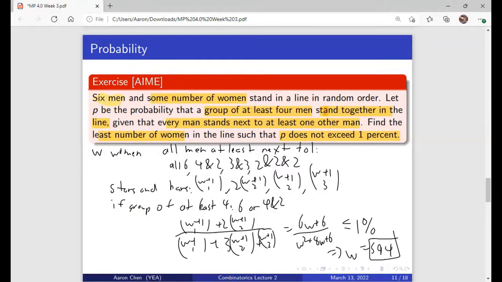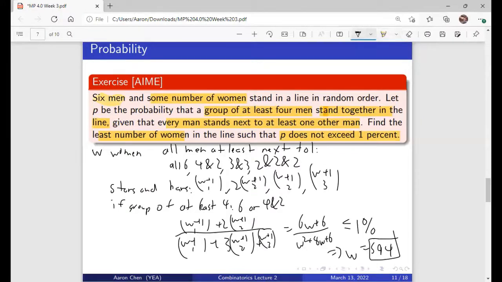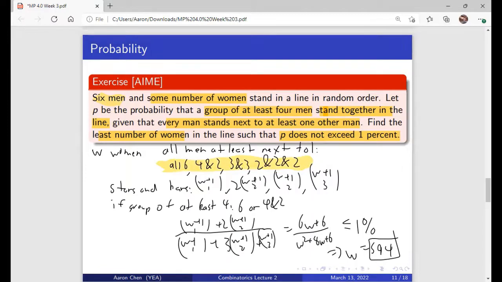So now, if all the men are next to at least one other man, that means that there's only a few possibilities, and they're listed here. So it could be that all 6 men are together, or 4 and 2, or 3 and 3, or 2 and 2 and 2.